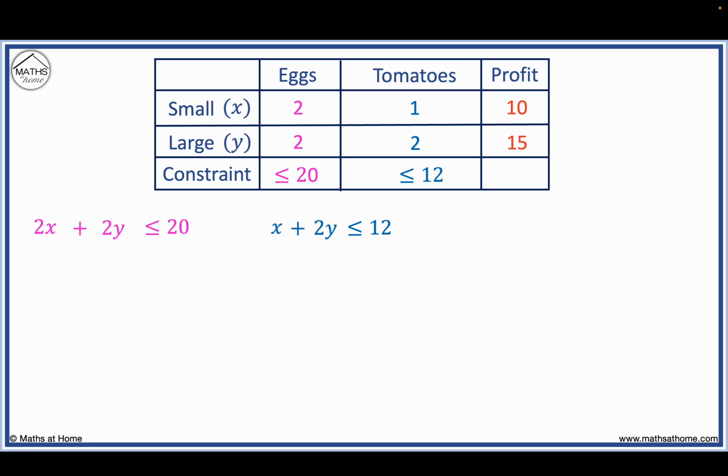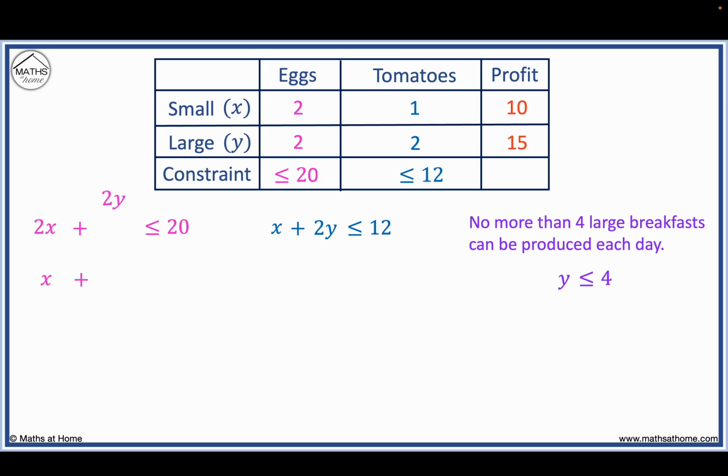Since no more than 4 large breakfasts can be produced, the value of y must be less than or equal to 4. We will now simplify the first equation by dividing by 2. We obtain x plus y is less than or equal to 10. The objective function is p equals 10x plus 15y.